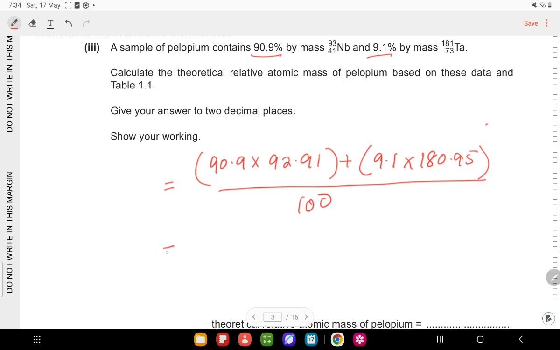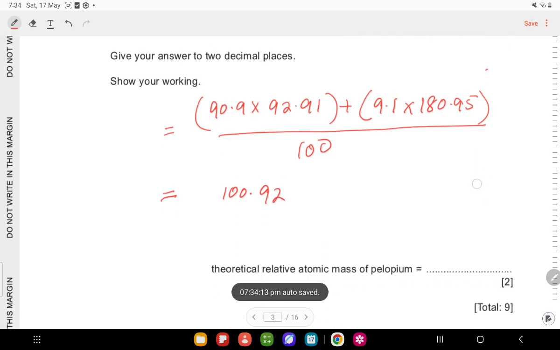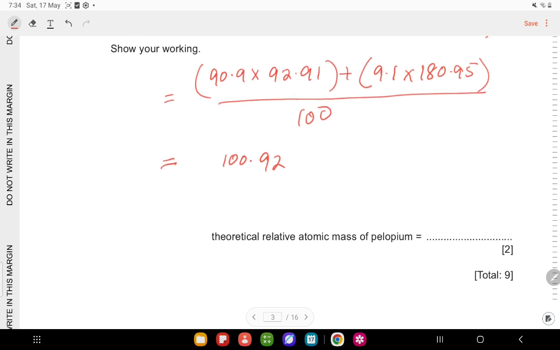This is equal to 100.92. So the theoretical relative atomic mass of pyloprium is 100.92.